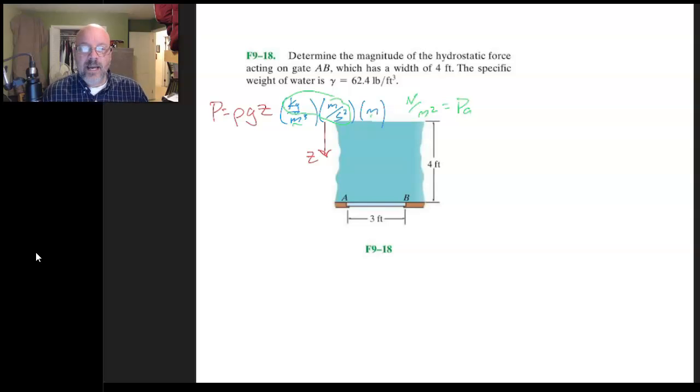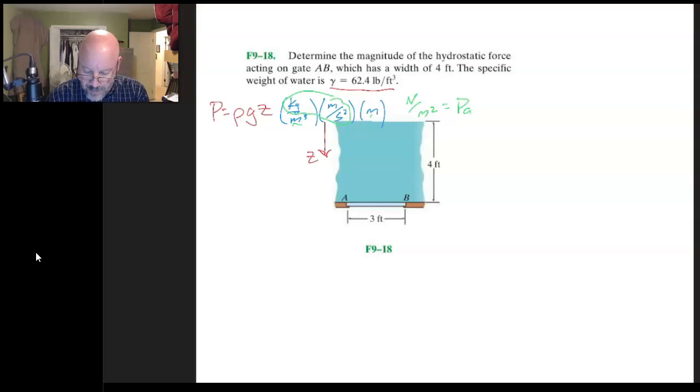All right. Now, your book often has this value, which it calls the specific weight instead of the density. Now, how that works out is like this.